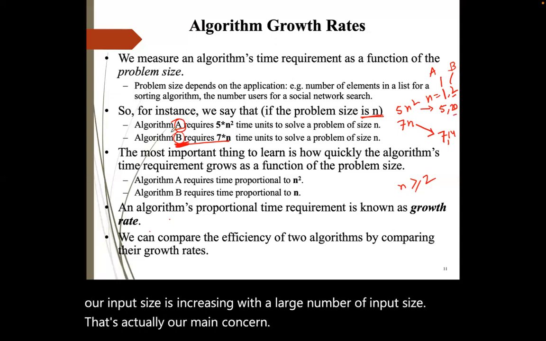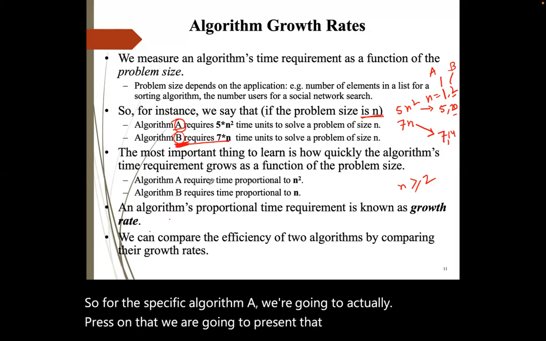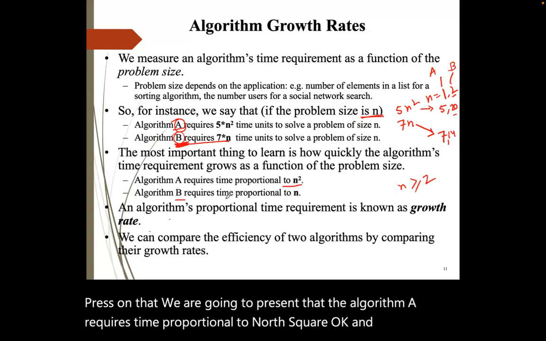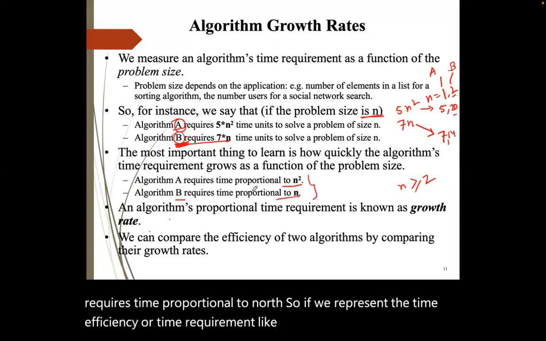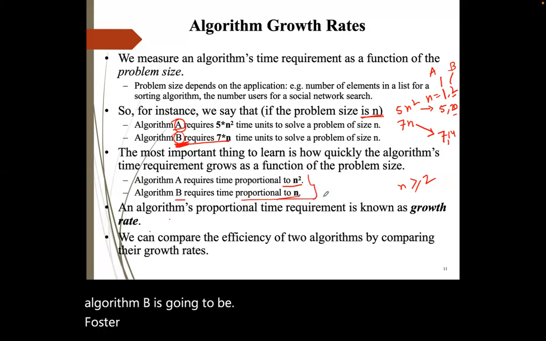So we say algorithm A requires time proportional to n², and algorithm B requires time proportional to n. If we represent the time requirement like this, we can easily see that algorithm B is always going to be faster.